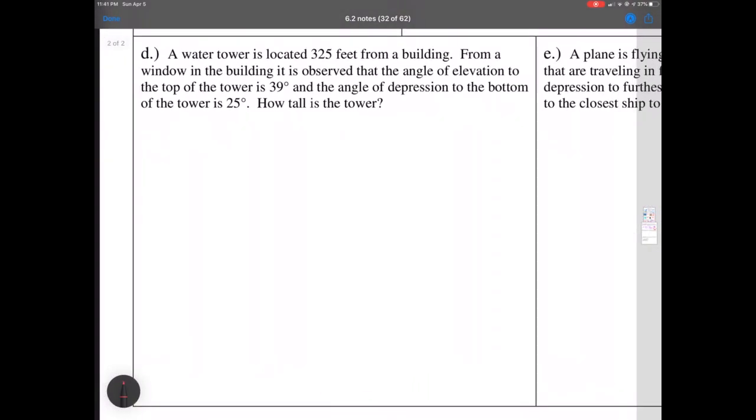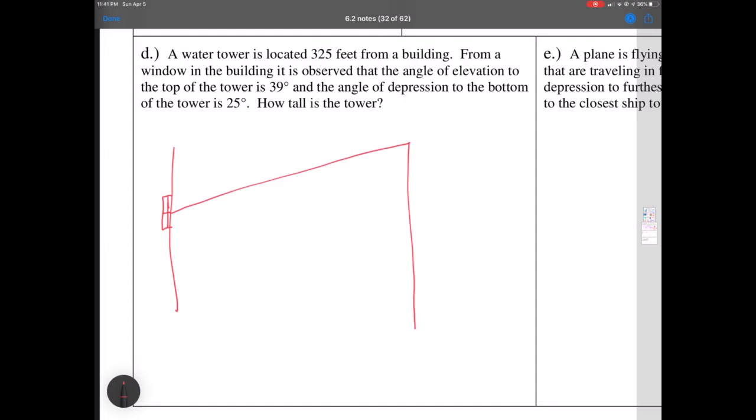Next, a water tower is located 325 feet from a building. From a window in the building, it is observed that the angle of elevation to the top of the tower is 39 degrees, and the angle of depression to the bottom of the tower is 25 degrees. How tall is the tower? So here's your building and the window, and then you have your water tower.